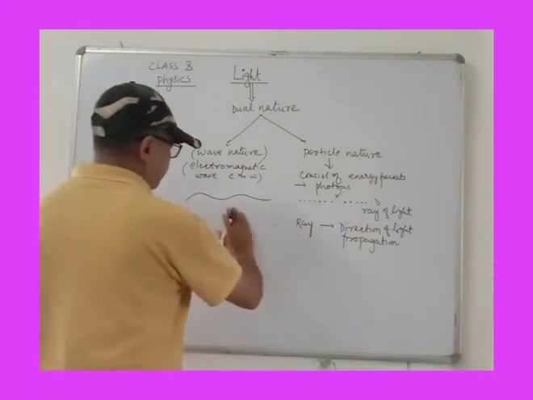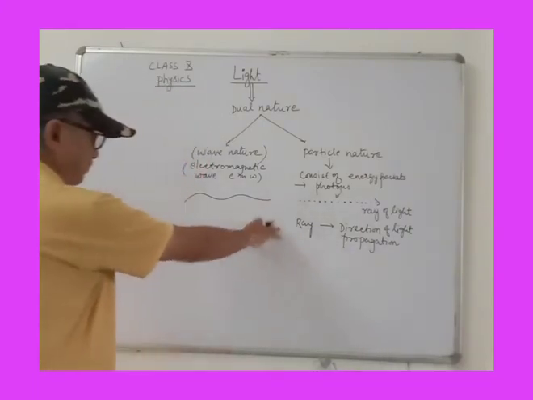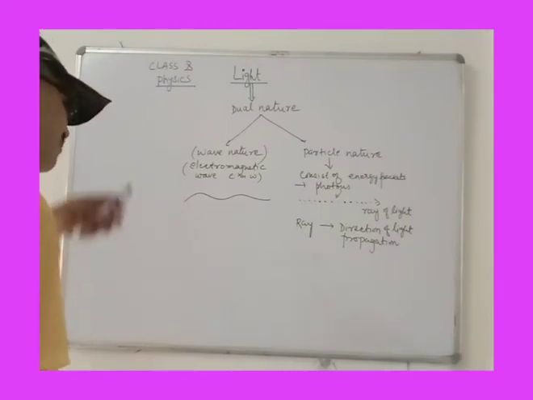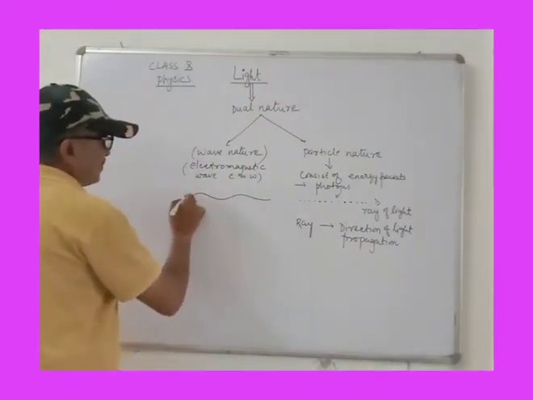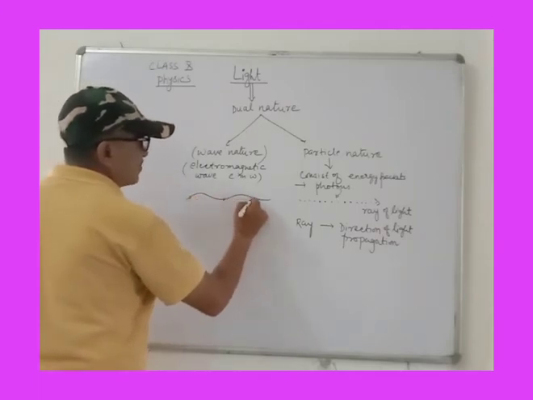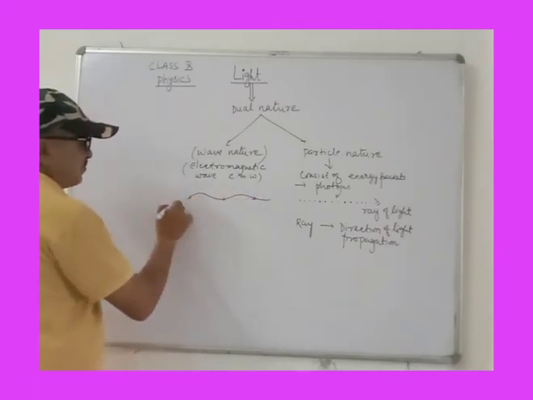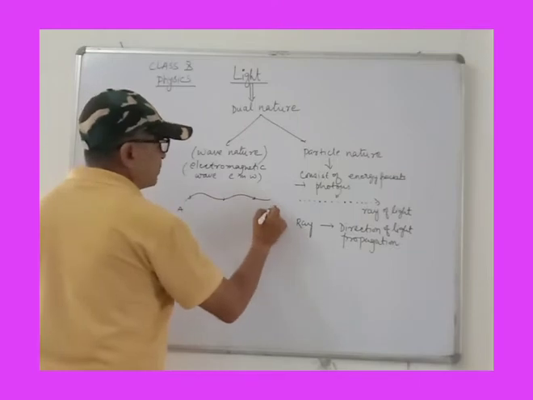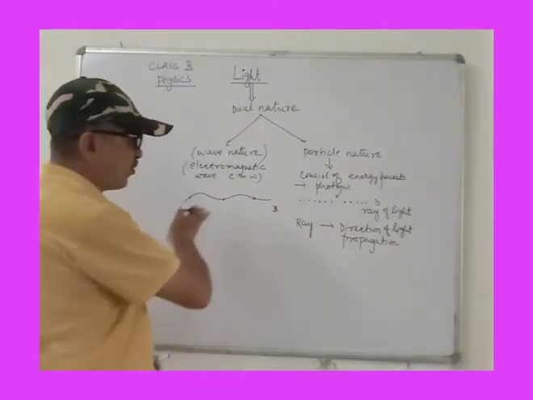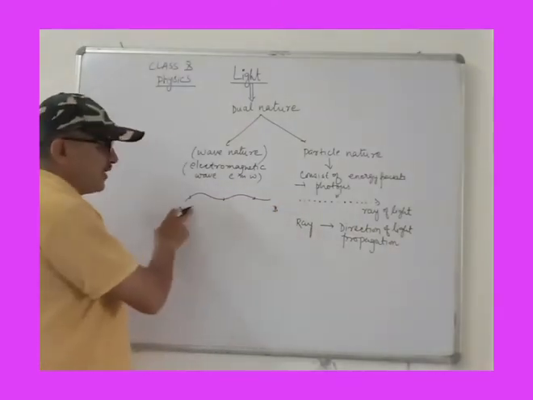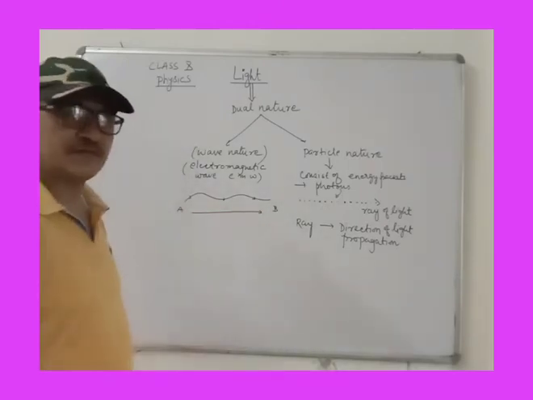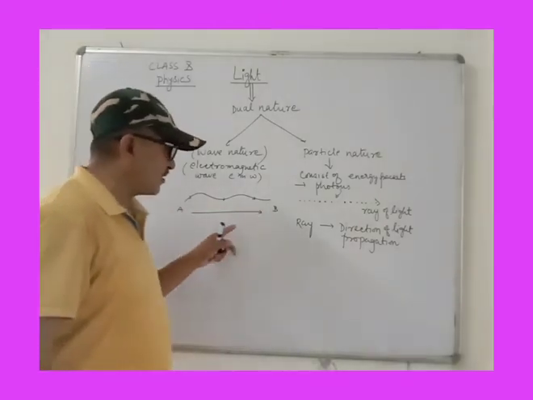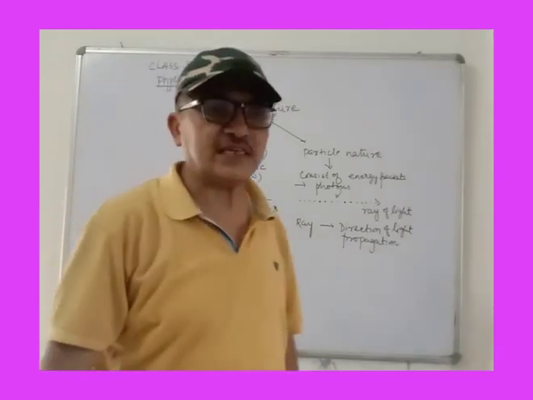It is a transverse wave. See, this wave is traveling in this direction. So from A to B, the direction of propagation of light is from A to B. So we will show by an arrow mark showing the direction of light.